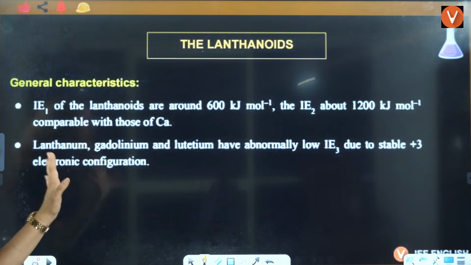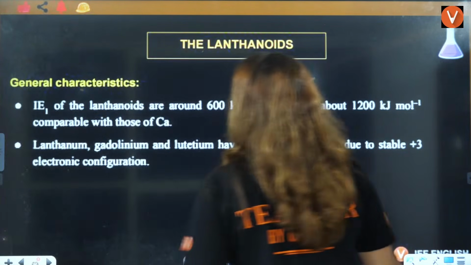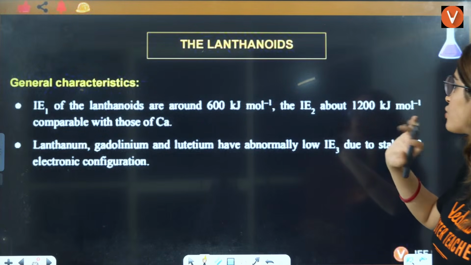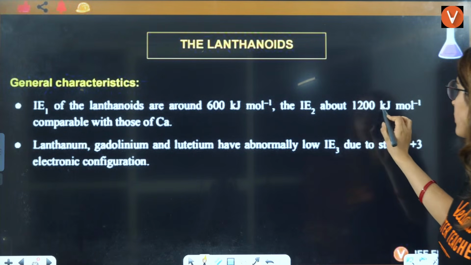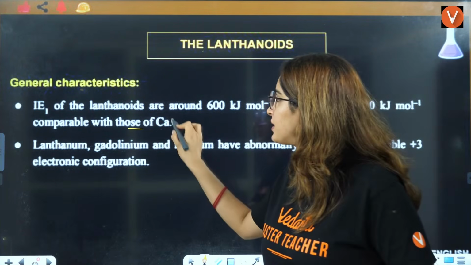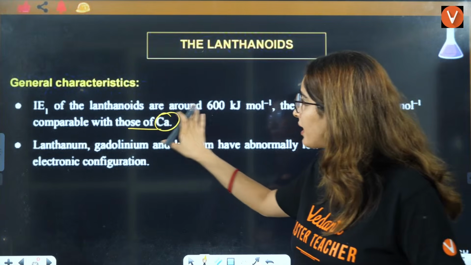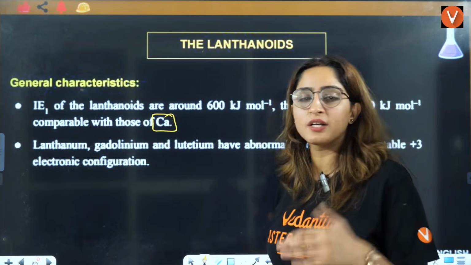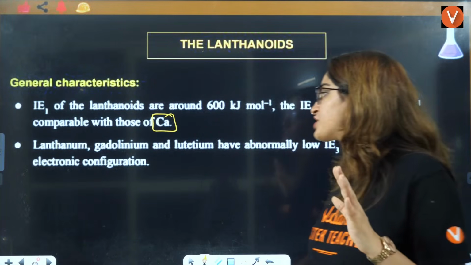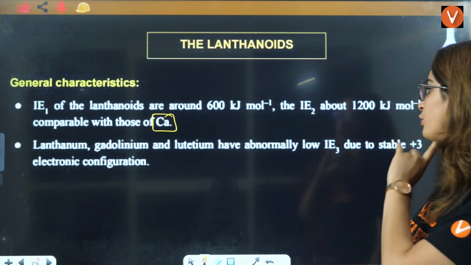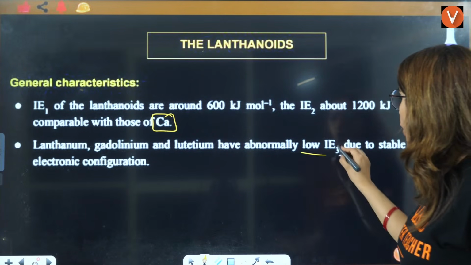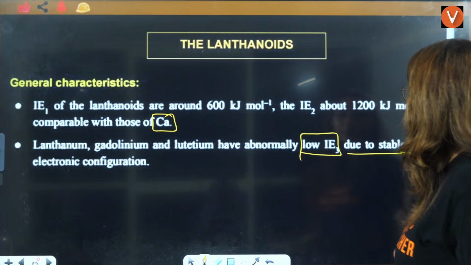So based on that simple thing, lanthanoids have IE1 around 600 kilojoule, IE2 about this much, and these are comparable with calcium. This is also important: their ionization enthalpies are comparable with calcium. Lanthanum, gadolinium, and lutetium have abnormally low IE3 due to stable +3 configuration.